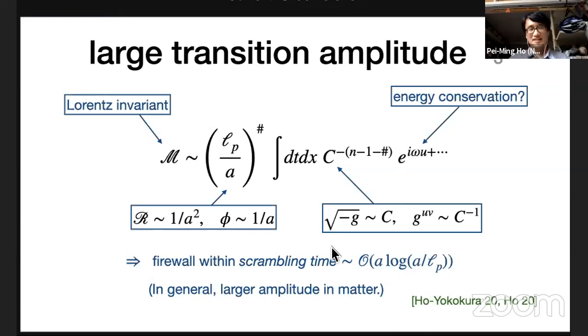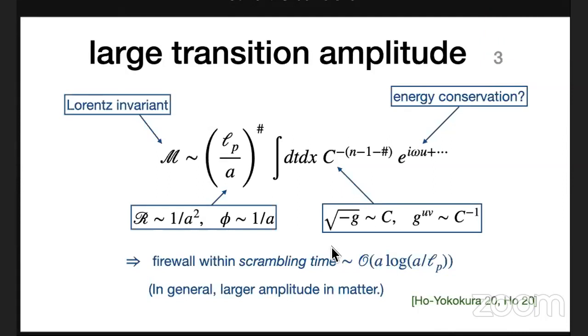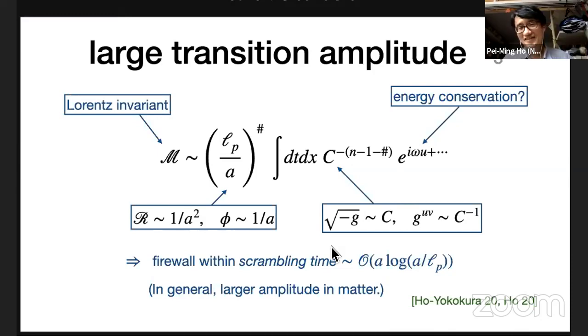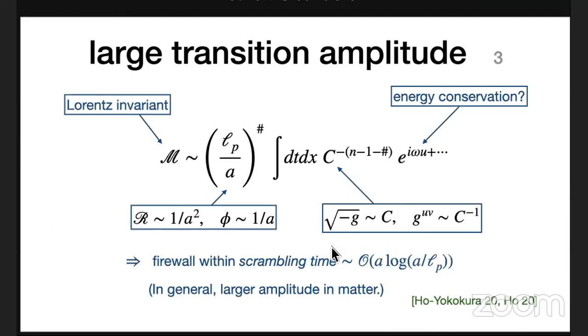So if their claim is correct, that they really see something like Hawking radiation, then what I'm saying is that before that, they should have seen something unusual around their horizon, maybe due to the UV physics, like string theory, or they have a better theory, maybe the standard model.